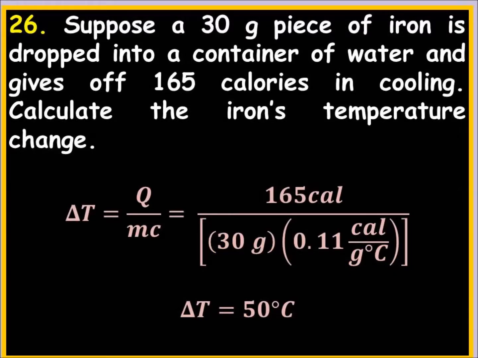Suppose a 30-gram piece of iron is dropped into a container of water and gives off 165 calories in cooling. Calculate the iron's temperature change. You're simply taking Q equals M C delta T, and you're just simply rearranging that equation to solve for delta T. So it's going to be delta T equals Q over MC. Again, the book in these problems generally uses calories per gram degree Celsius.